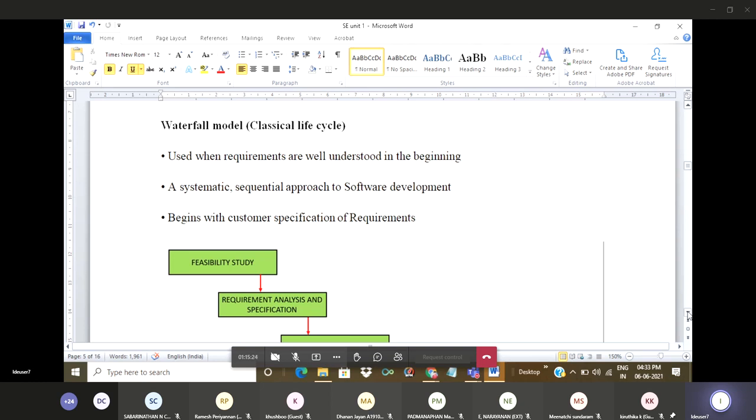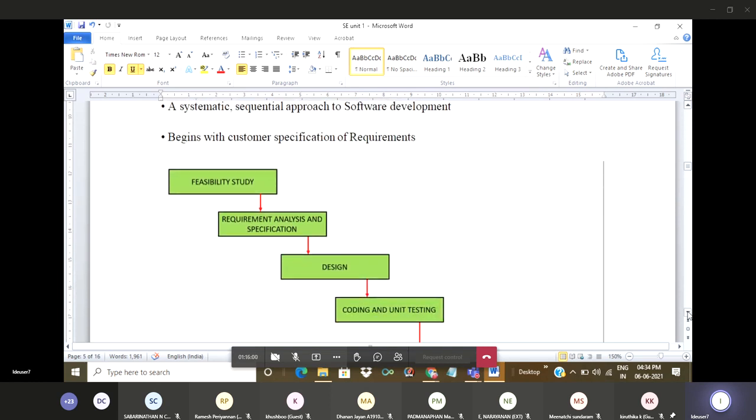Second is a systematic sequential approach to the software. Once we have planned, it has to proceed sequentially. We cannot change anything, so it must be a systematic sequential approach to software development. Third, it begins with the customer's specification of requirements. You have to collect all the details from the customer, and only then proceed. The waterfall model has a number of steps.